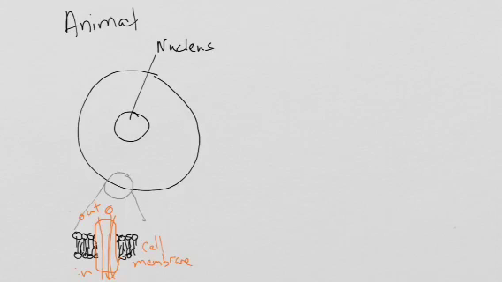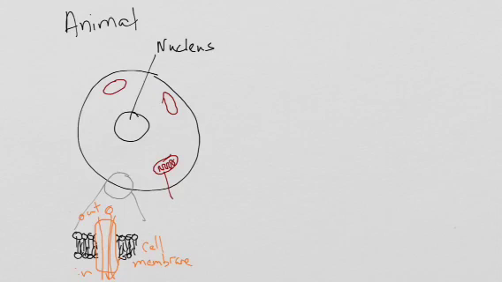Now that we know what holds the cell together and what's in control of the cell, let's look at some of the different organelles that are found within a cell. We're going to start off with these little jelly bean looking organelles, and there's usually many of them in a cell, and within each of these we have these squiggly little membranes.